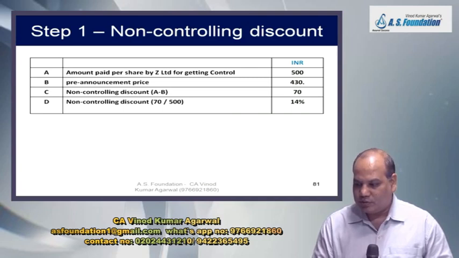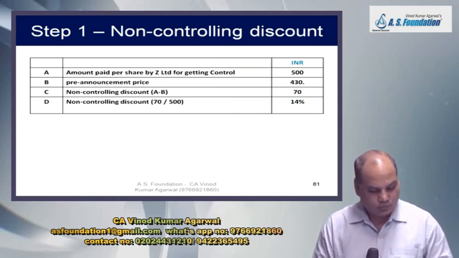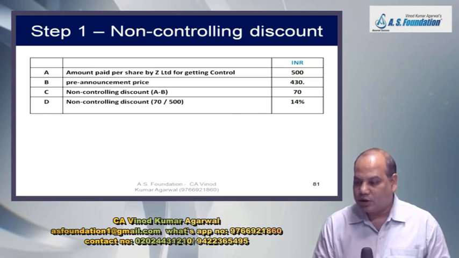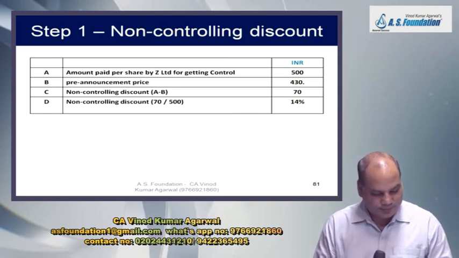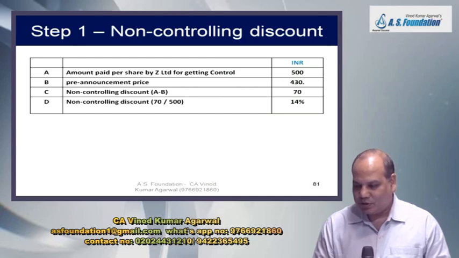So right hand side, write down INR, that is Indian rupees. Point A, amount paid per share by Z Limited for getting control: 500. Point B, pre-announcement price: 430.